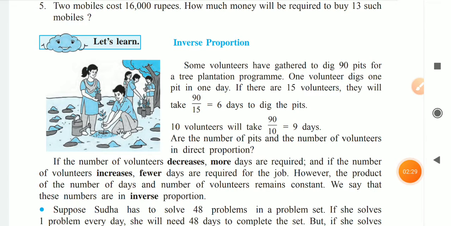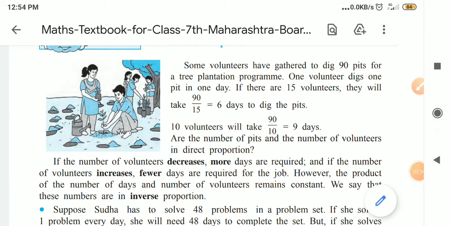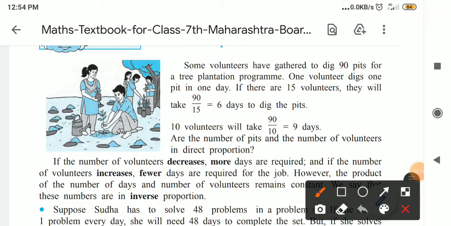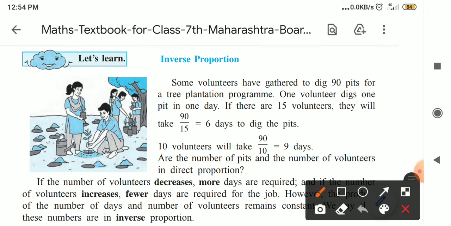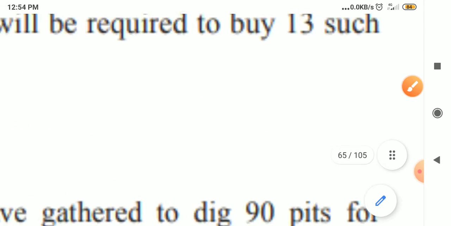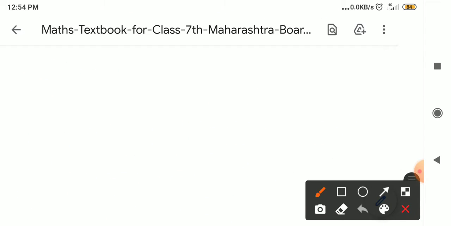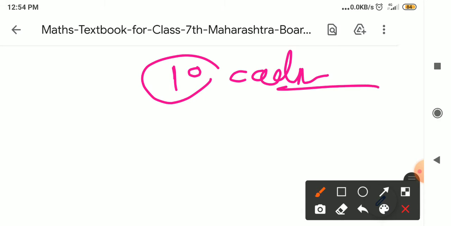After direct proportion, next is inverse proportion. I will give you the best example, the Cadbury example. If I have 10 Cadburys and I have to give them all to the students: if the number of students is 10, each will get how many chocolates? One chocolate.